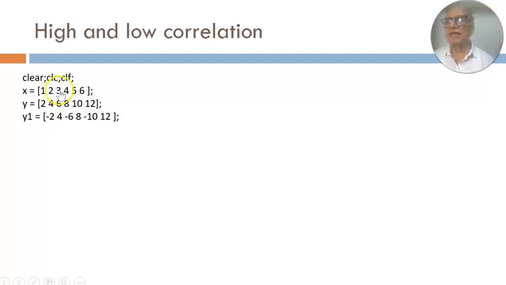But next, this keeps on increasing, from 2 it goes to 3. But here what is happening? From 4 it goes to -6. So it reduces. In the other case, this increases, again reduces, and so on. So the pattern in this is quite different from the pattern in this. So you don't find too much similarity between x and y1, and that is why you expect the correlation to be low.